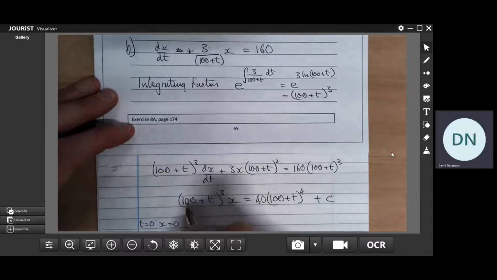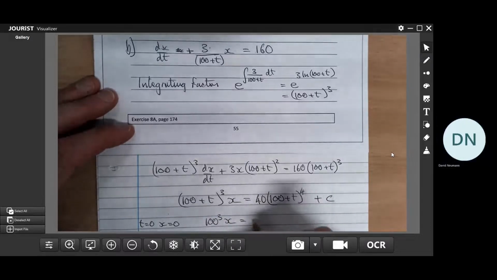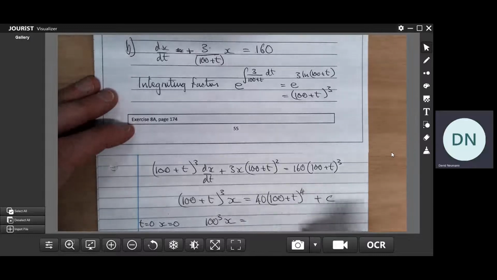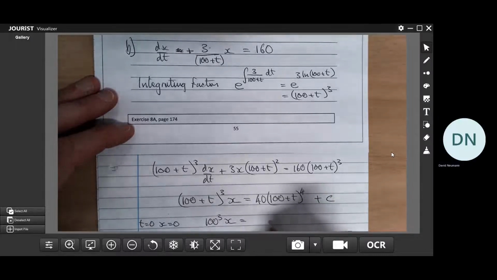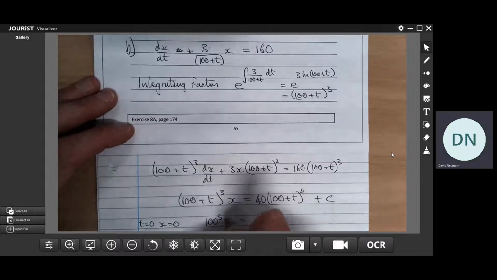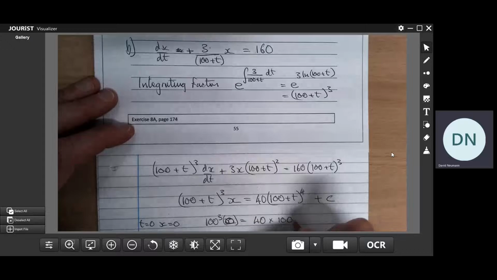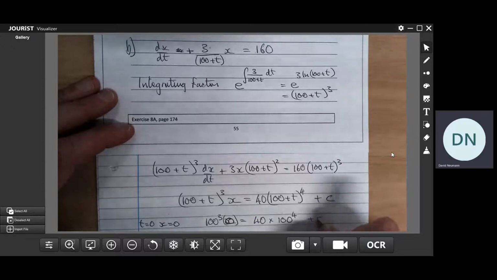So we've got 100 cubed times x, which is 0, is equal to 40 times 100 to the power of 4 plus c.